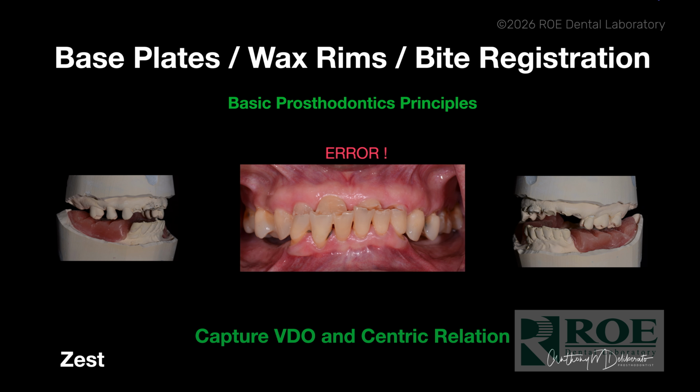And in a case like this, if we were just strictly a digital office and we had a doctor who liked to delegate everything to his assistants, this patient might close into this centric occlusion position and the assistant would scan them, and then we'd have a bite that is not correct, that's going to cause problems throughout the case.